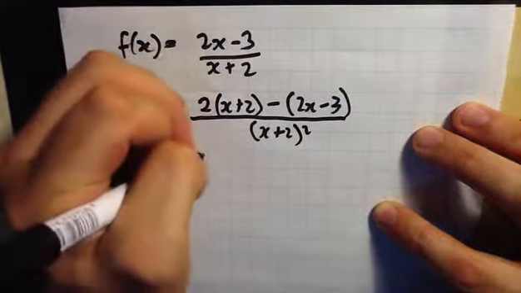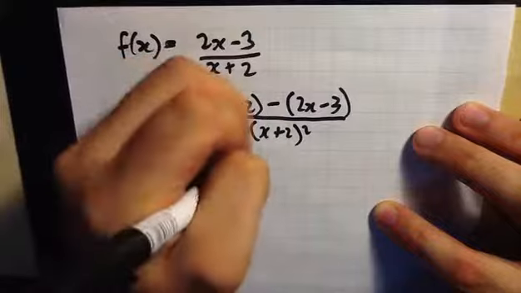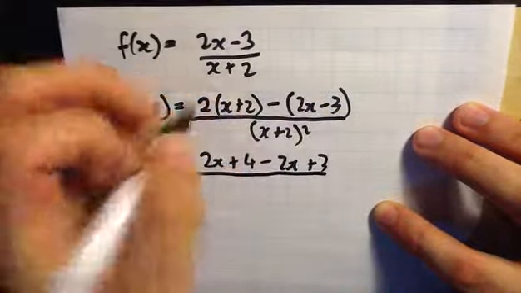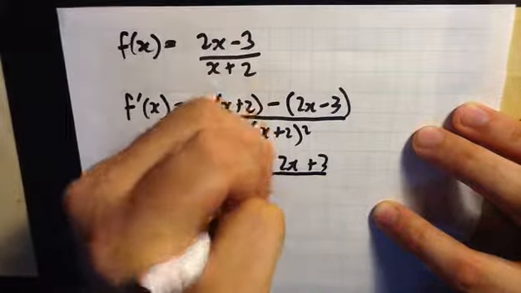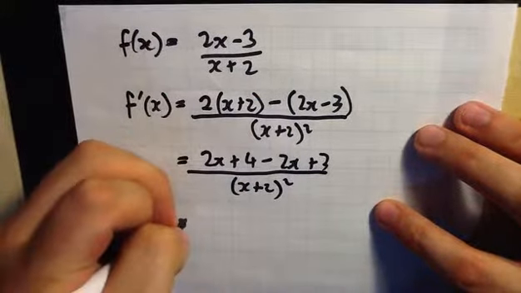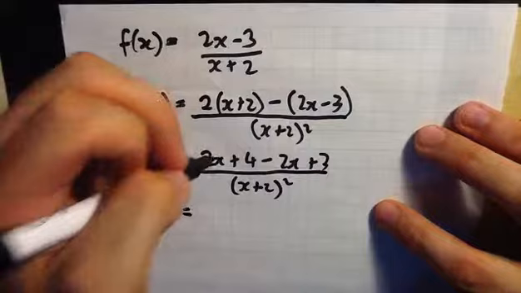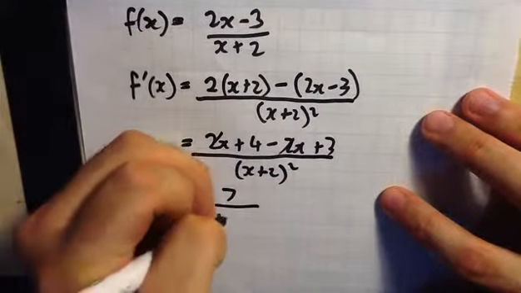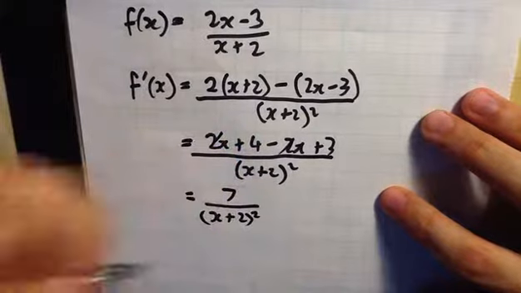Let's expand the brackets: 2x plus 4, take 2x plus 3, all over x plus 2 squared. 2x take 2x cancel out, 4 plus 3 is 7, so it's 7 over x plus 2 all squared.